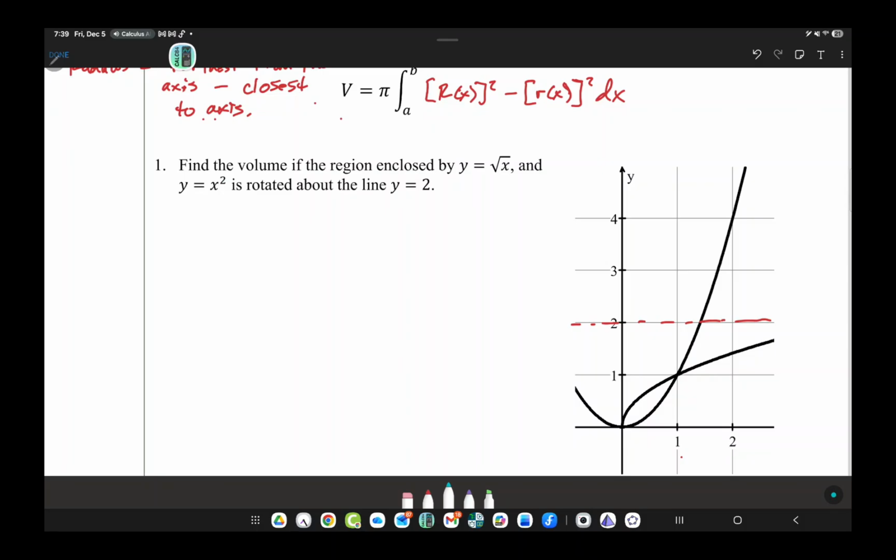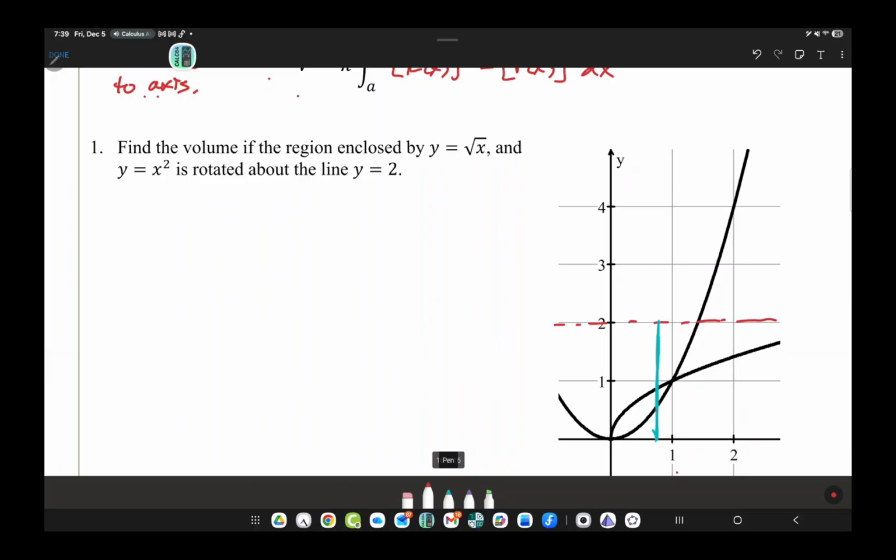What I'm going to do is find this total distance, and then take off this distance. Now this distance right here, for that outer radius, is x squared. This distance right here is 2. So if I want just this part, that has to be 2 minus x squared. So that's what we mean. Whatever's furthest from the axis goes first. That gives us my radius.